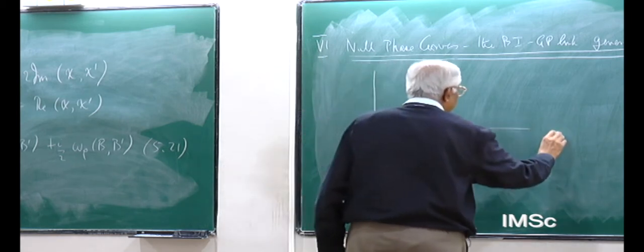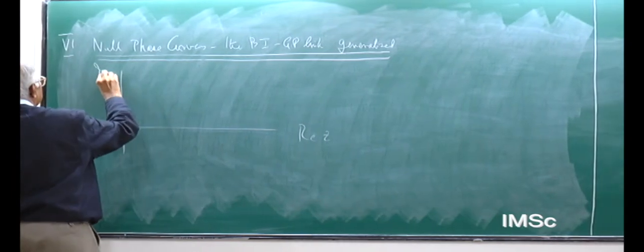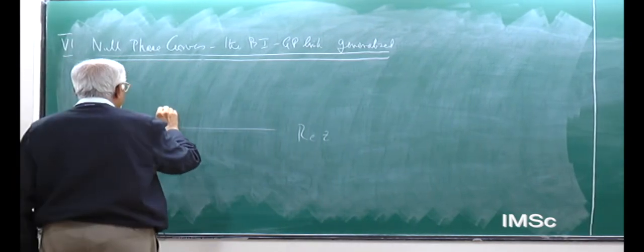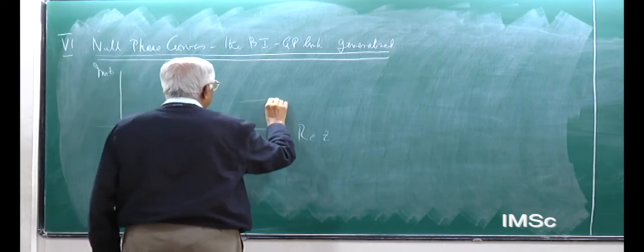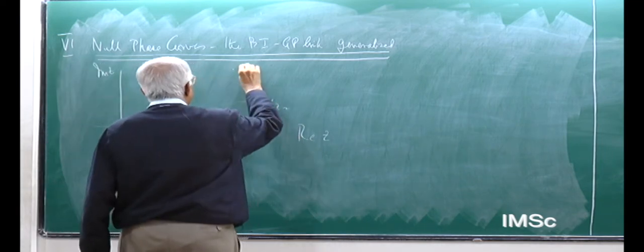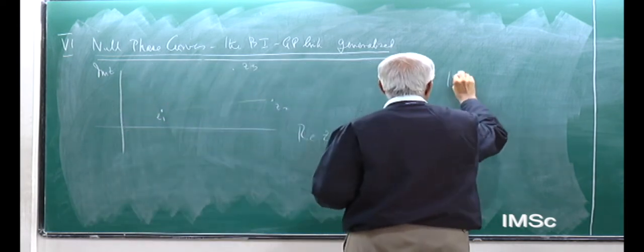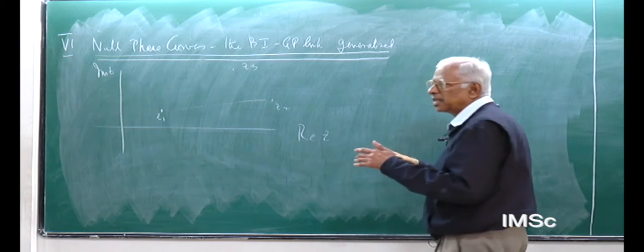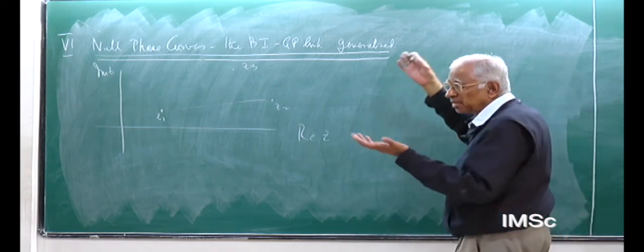Now this is a complex plane which I want to use to pictorially denote sets of coherent states. You know that for 1 degree of freedom, a coherent state is labeled by a complex number, and the Hilbert space is infinite dimensional.